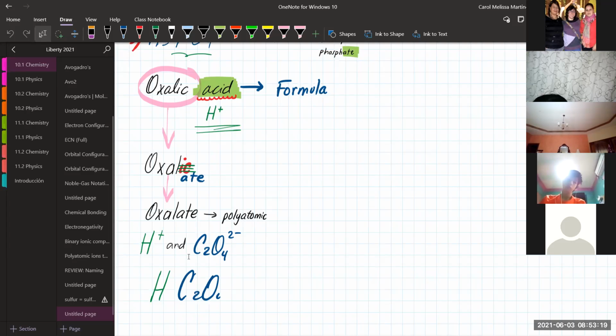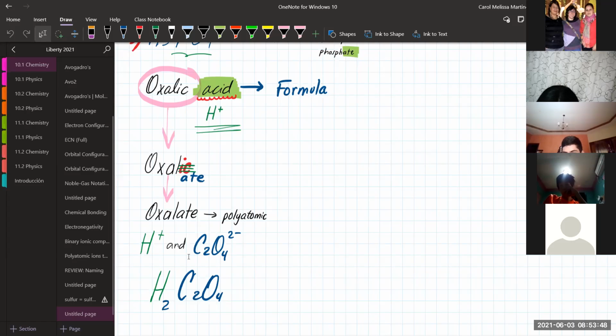The charge from here goes to the other ion, so the -2 from oxalate, you put it here. And this gives you the formula for the acid, oxalic acid.